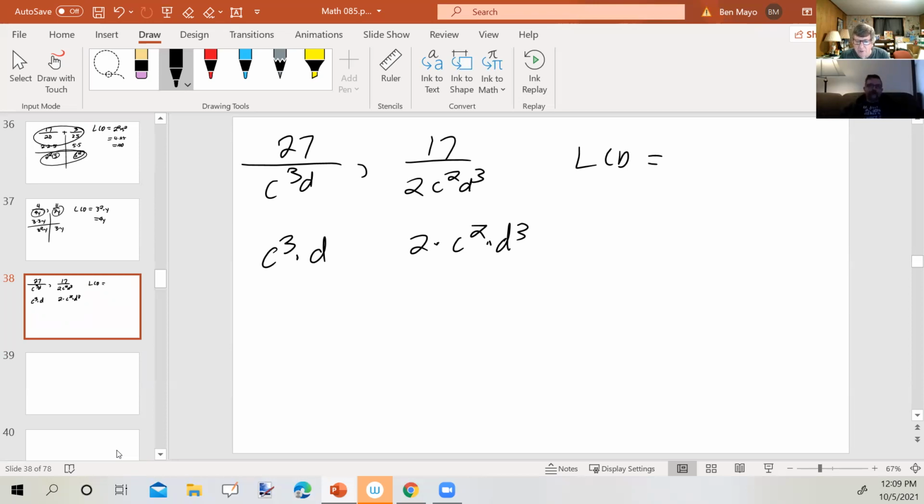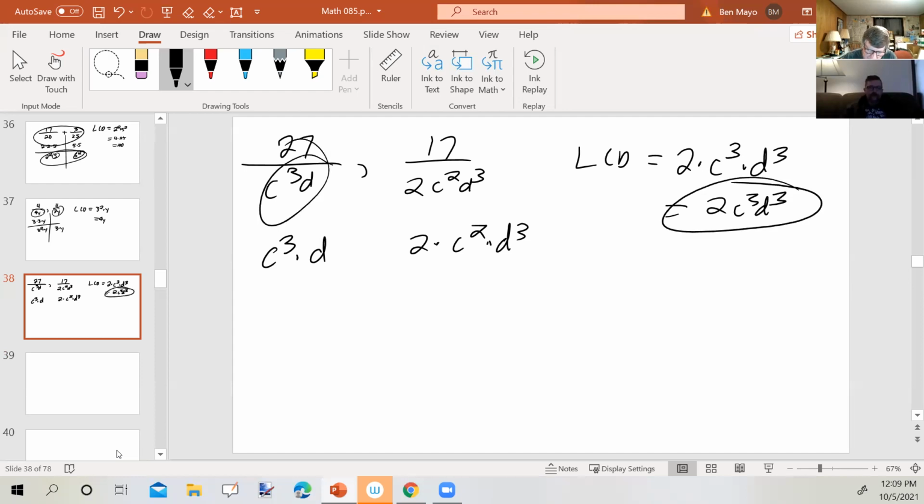The least common denominator is the product of the highest power of each different prime factor. So I need a 2, I need c cubed, and I need d cubed. So 2c cubed d cubed would be the LCD, the smallest number that this and this both go into evenly. You okay with that? Right?